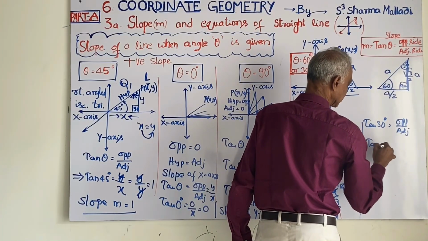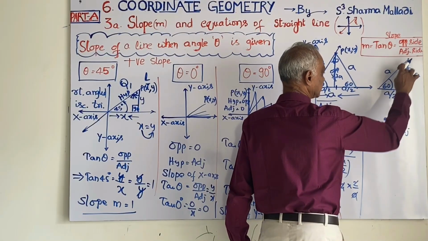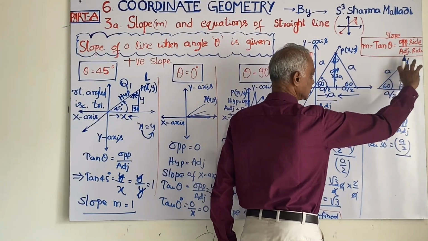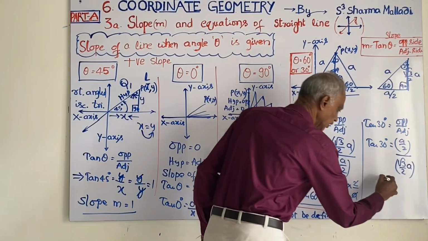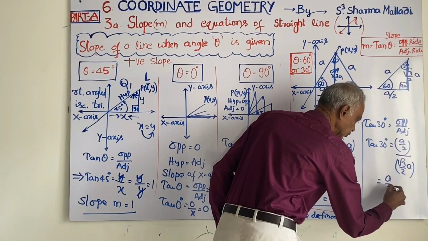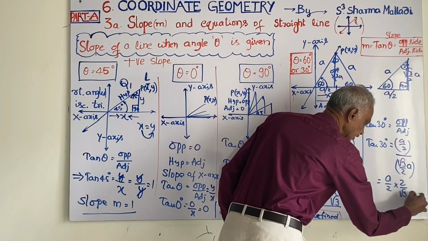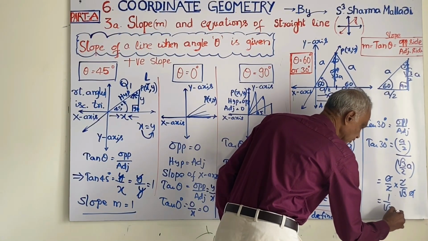What is the opposite side to 30 degrees? That is a by 2. The adjacent side to 30 degrees is root 3 by 2 a. Now a by 2 into 2 by root 3 a. a cancels, 2 cancels. You will get 1 by root 3.